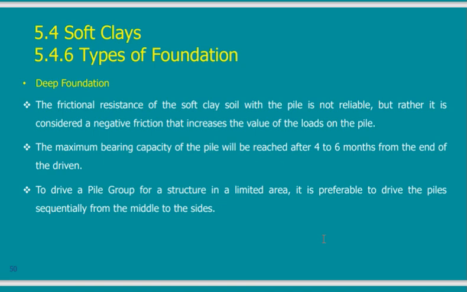So in this case, instead of carrying the pile, it will be carried by the pile, because the soil wants to settle and the pile is standing, and they are close to each other. So usually soft soil is considered as what we call negative friction. It is a load on the pile, not carrying the pile.